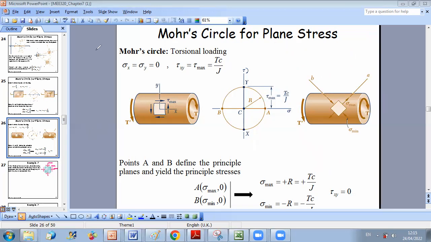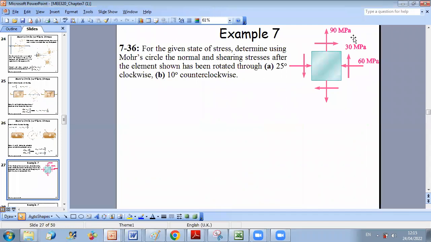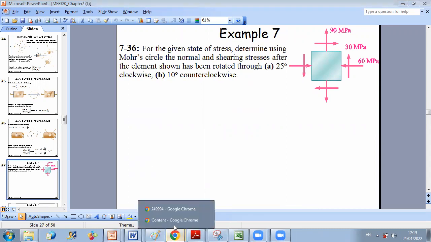Now, let us start to practice with problems on using Mohr circle to get the state of stress in any orientation. So going back to our problems.